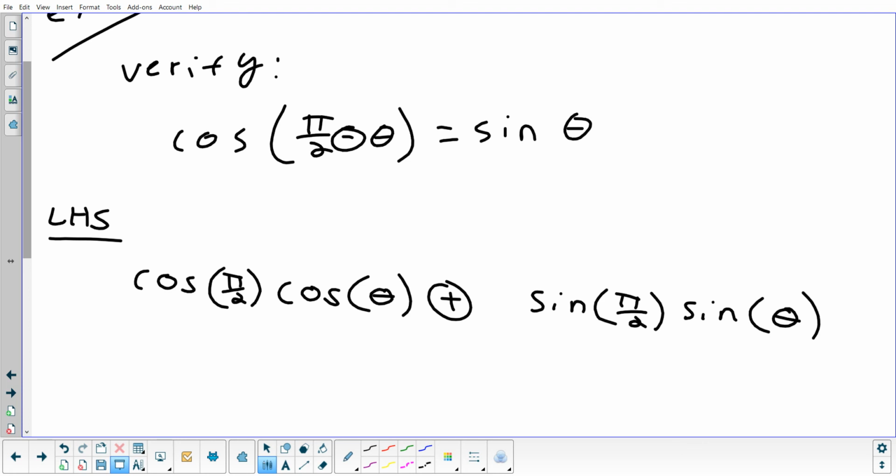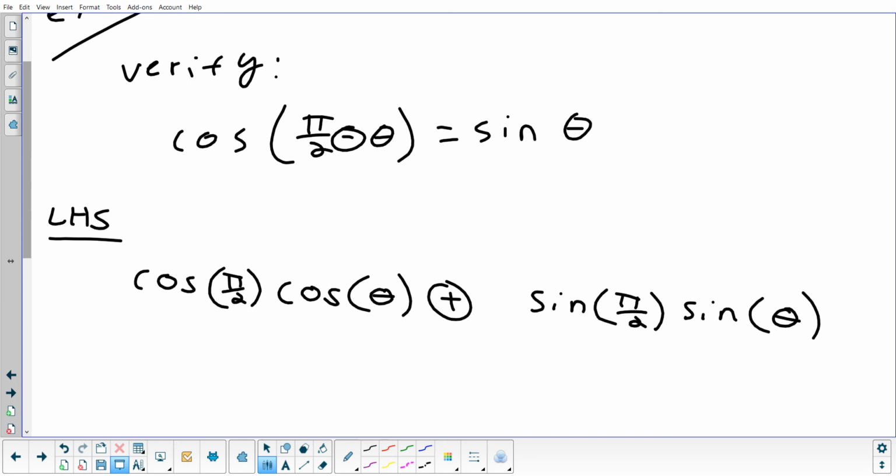Now the thetas you can't do anything with. Those are just going to stay where they are, but we can evaluate the cosine of pi over 2 and the sine of pi over 2. Now, pi over 2, what angle is that? 90. That's a quadrantal angle. Anytime you take sines or cosines of quadrantal angles, the answers you always get are 1, -1, and 0.